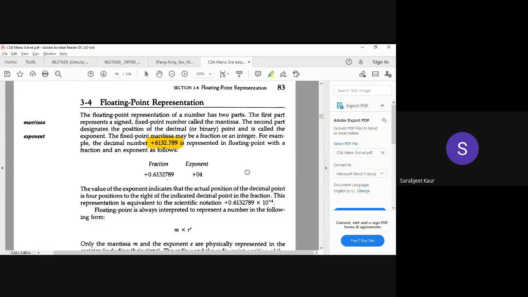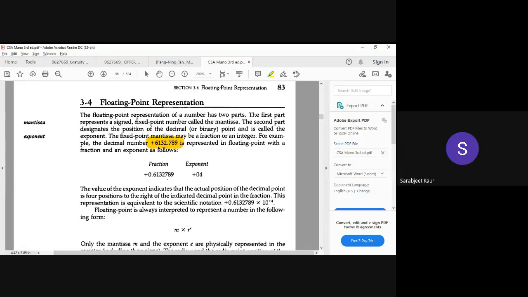So what we do is we generally assume that this point is located at the leftmost position. To make that happen, we adjust the value of this number so that it transforms into this form.